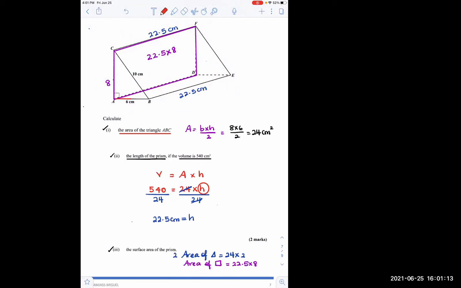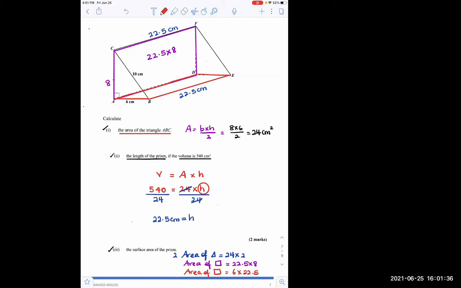Watch this one. The one here at the bottom has a length 22.5 by 6, because 6 is the next side of the triangle. So the area of this rectangle is 6 by 22.5.